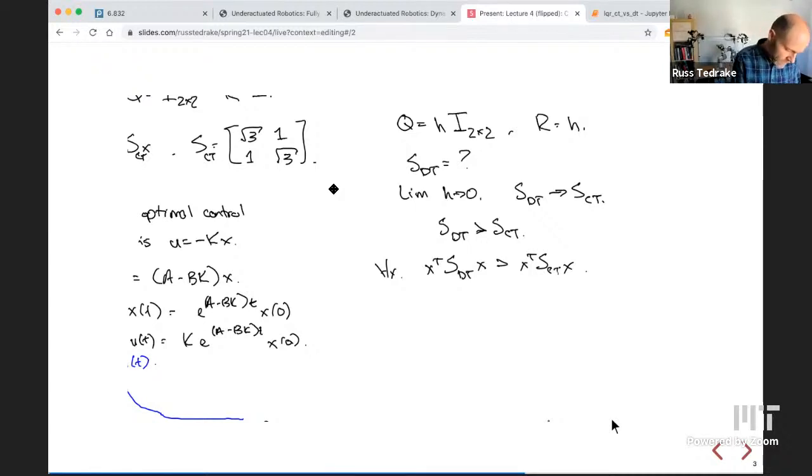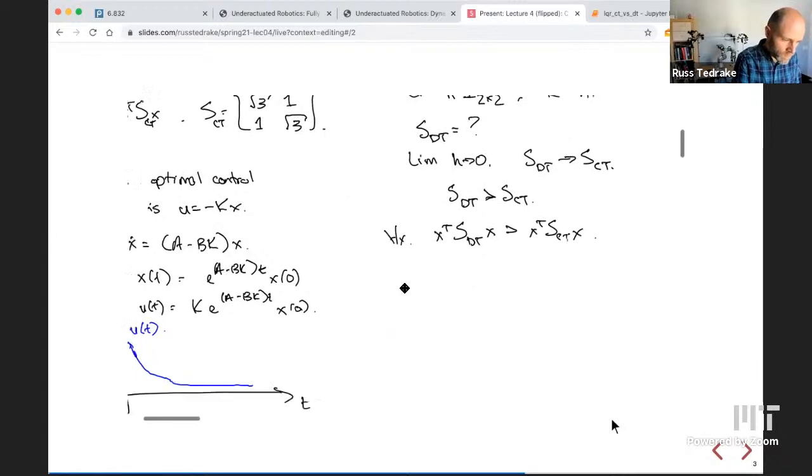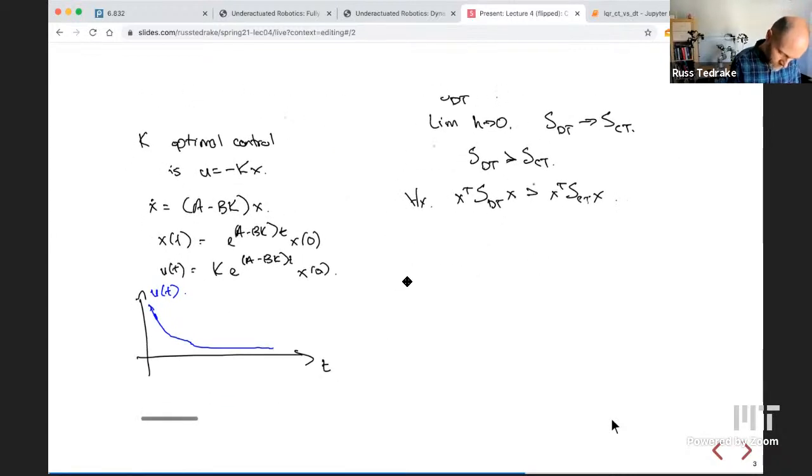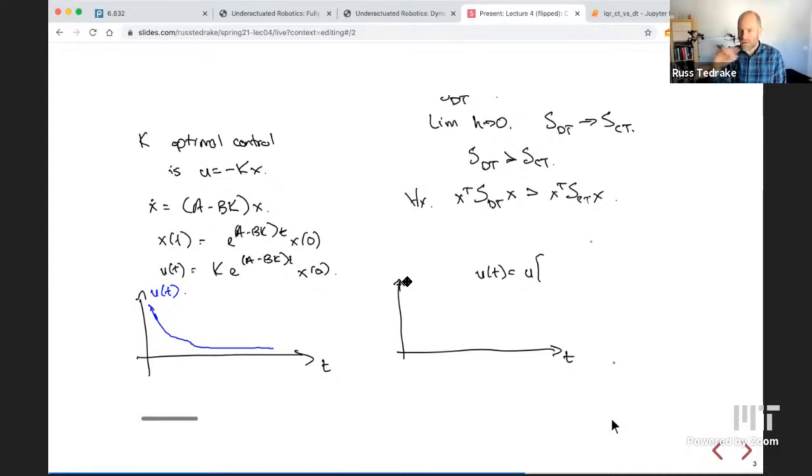If I look in discrete time, then for the equivalent, what I'm going to say is that u of t is like u. If I wanted to draw the thing that I'm actually applying to the robot, then I have to do something to bridge the CT DT divide.